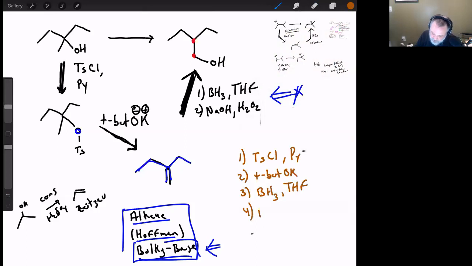Step 4, sodium hydroxide and peroxide. So it's a 3-step synthesis, although the answer looks like it's 4 steps because one of the transformations actually is a 2-step reaction. So what I want to do is I just want to stop right there, take a beat, and see if anybody has any questions about that one.